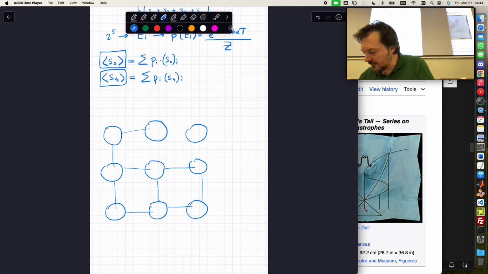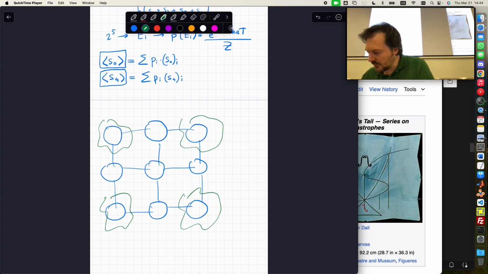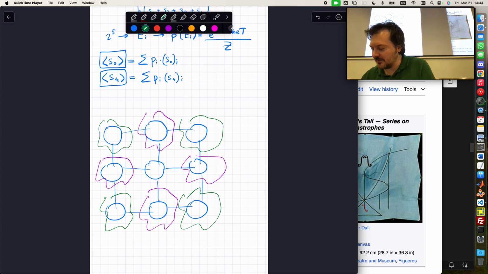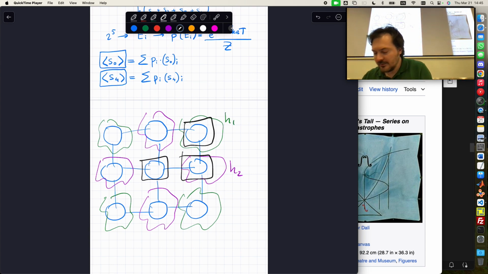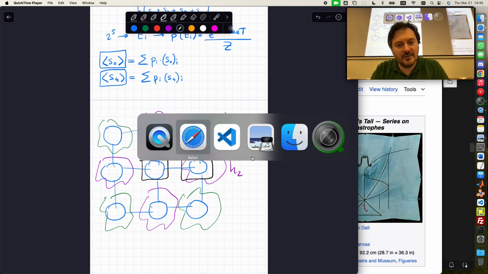But the thing is that what these peripheral spins see and what these peripheral spins see are different, right? So now we have 2 parameters, h1 and h2. Now we vary 2 parameters and find the expectation value of this one, and this one, and make them equal to each other with a very nice code, which is over here.